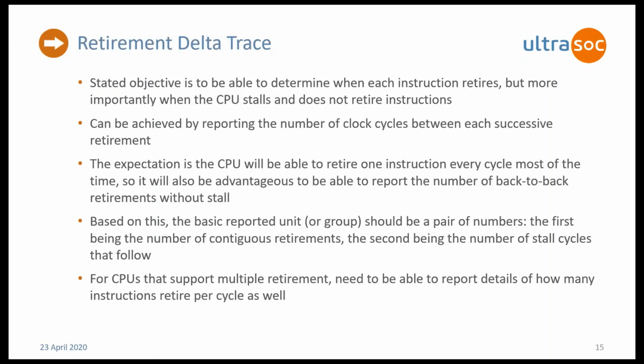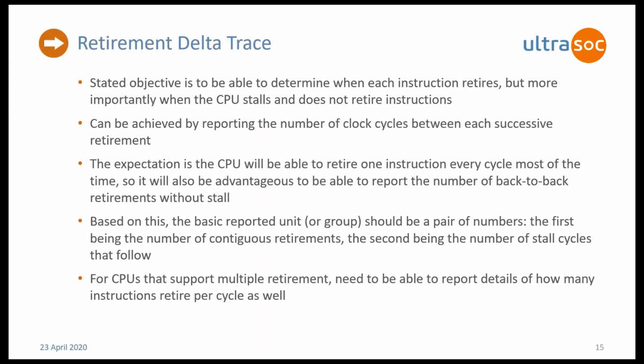Now, hopefully, our caches are great and there are no misses. So most of the time, we will retire an instruction every single cycle, or even better in a multi-issue machine. So in terms of efficiency, rather than report, okay, there was one clock cycle, we retired another instruction, retired another instruction, we want to be more efficient and say, okay, we retired, let's say, 20 instructions consecutively.